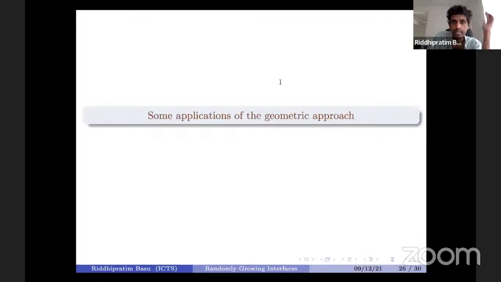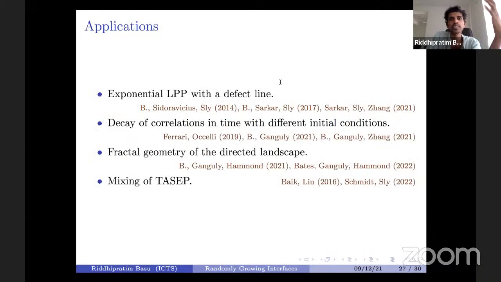And finally, using this information about the geometry of the geodesic, you can get information about the underlying landscape which was not directly accessible via the analysis of the exact formula.